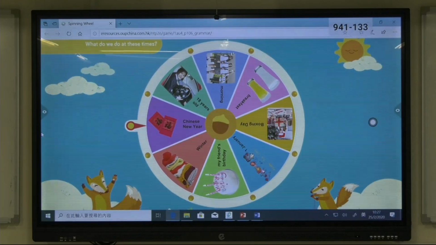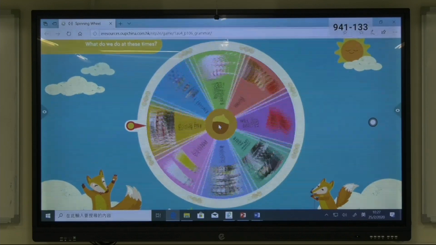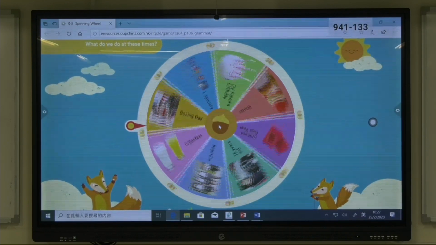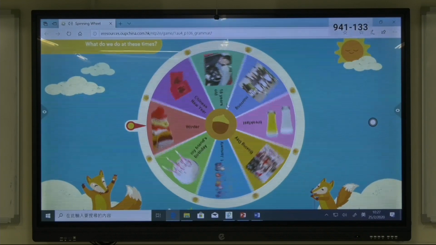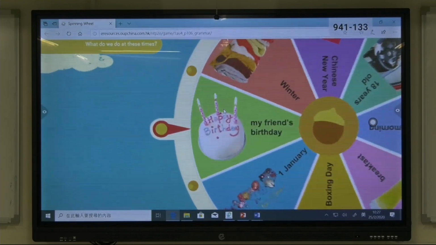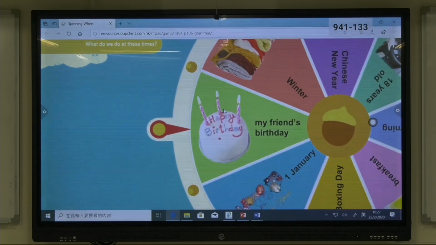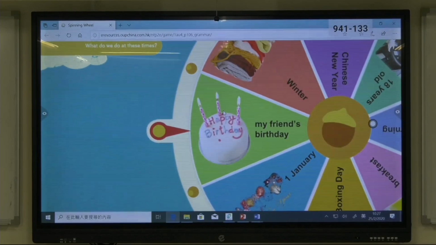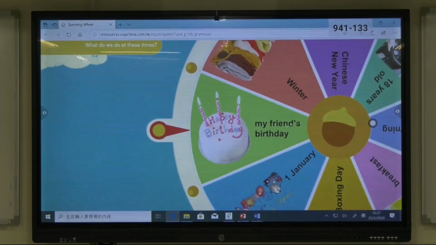Okay, let's look at this carefully and see which preposition should we use. Okay, my friend's birthday. Which preposition should be used here? At, in, on, which one? Right? Birthday, day, so should be on my friend's birthday.